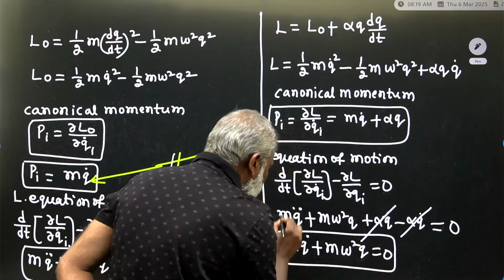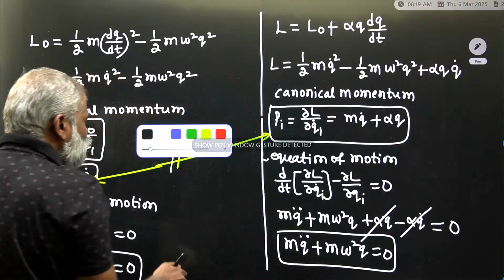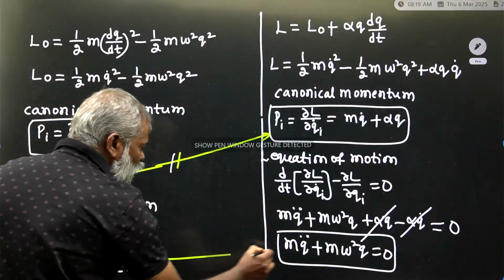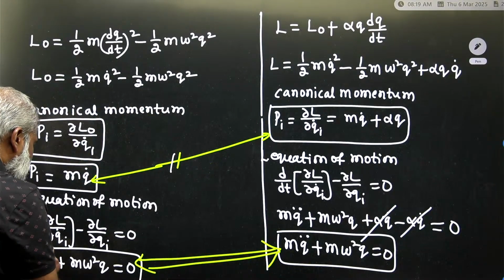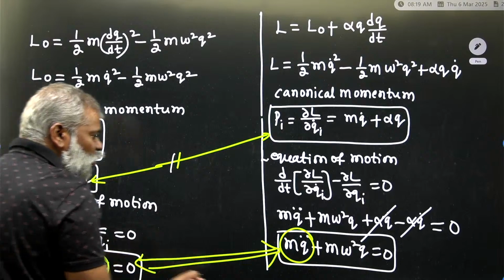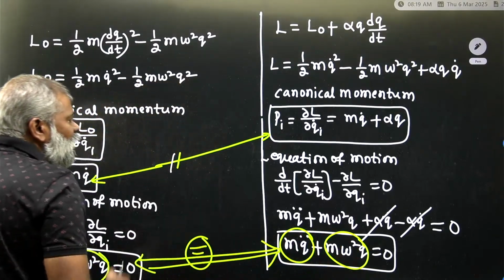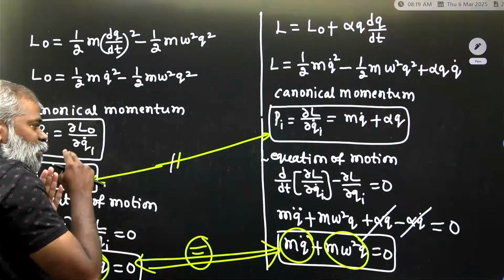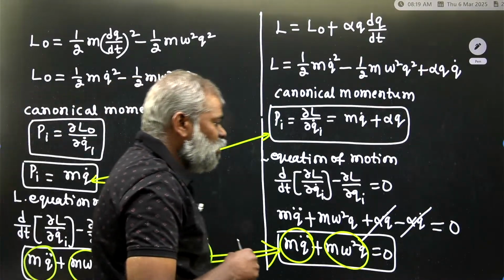This is the equation of motion you get. Now observe these two equations of motion: m q double dot and m omega square q are the same in both. So the canonical momentum changes, and the equation of motion is the same.